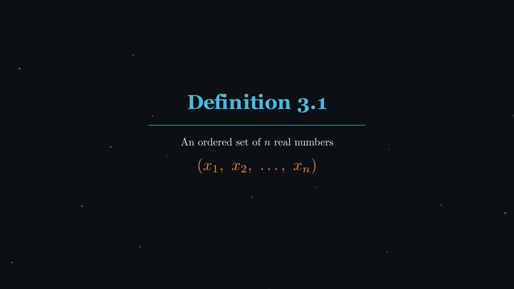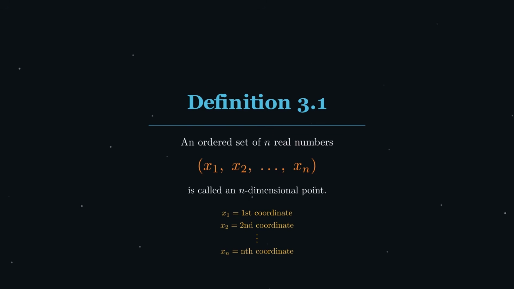Okay, so what does that mean? It means instead of giving your location with just one number, or 2 numbers, or 3 numbers, you give it with n numbers, however many you want. And each of those numbers is called a coordinate. It's like one piece of your address. The first number, x1, is your first coordinate.